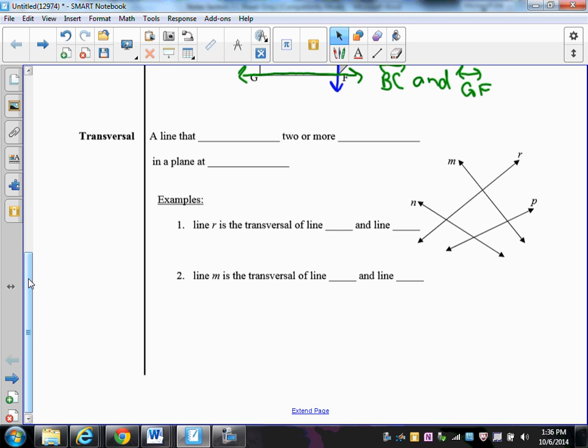The next thing we have are transversals. A transversal is a line that intersects two or more lines in a plane at different points.